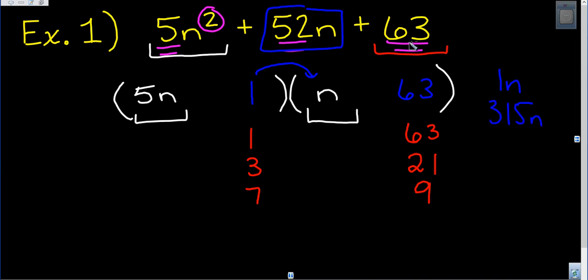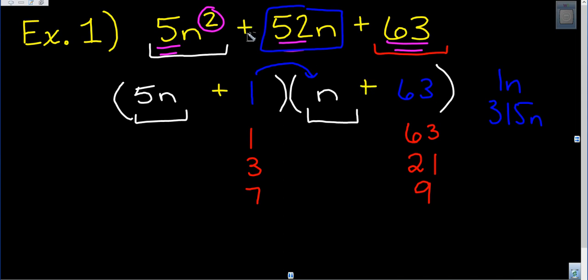315, I think. Now, if I use my skills to understand that this 63 is positive, the only way you can multiply 2 numbers to get a positive is if they're both negative or they're both positive.